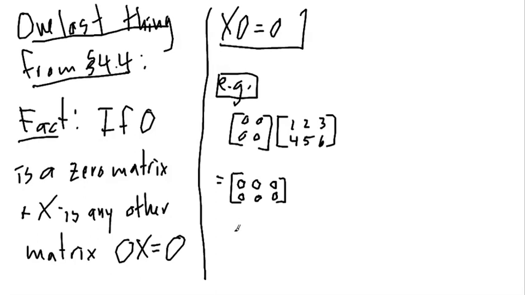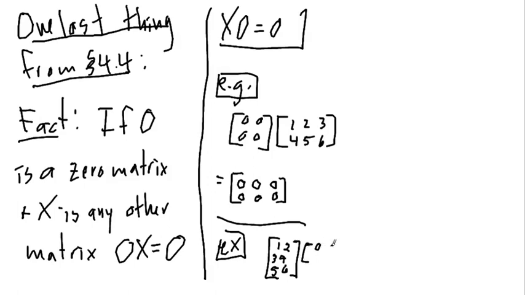Similarly, this will be an exercise for you. Try multiplying a 3 by 2 matrix, 1, 2, 3, 4, 5, 6, by the 2 by 2 zero matrix, which makes sense because this is 3 rows by 2 columns, and this is 2 by 2.